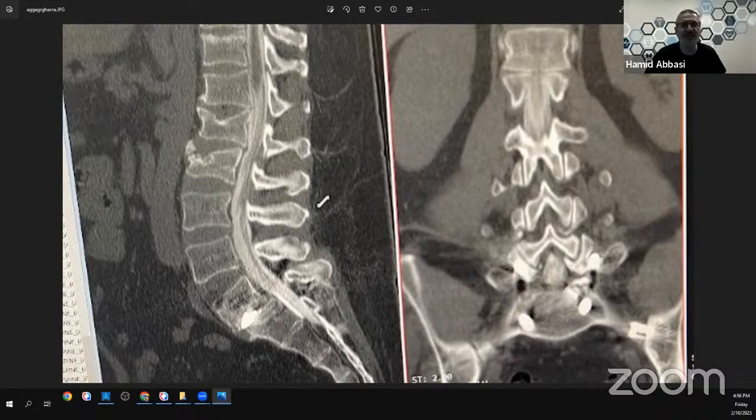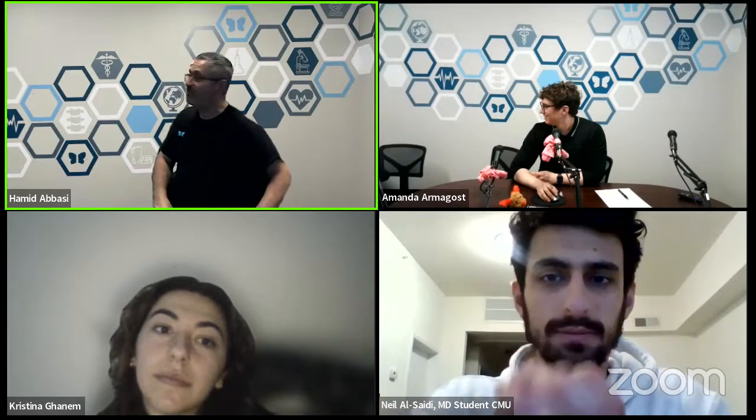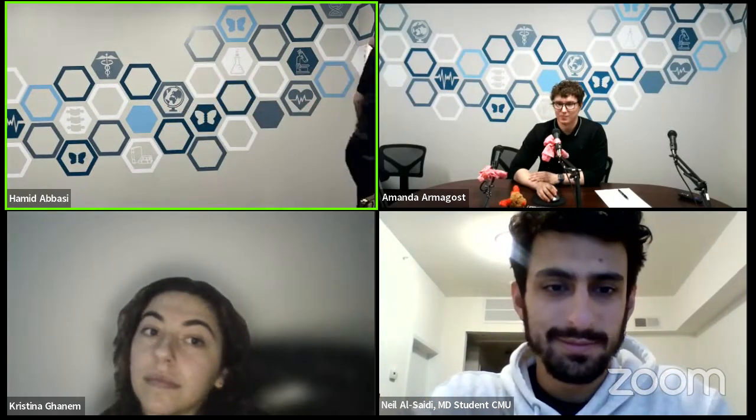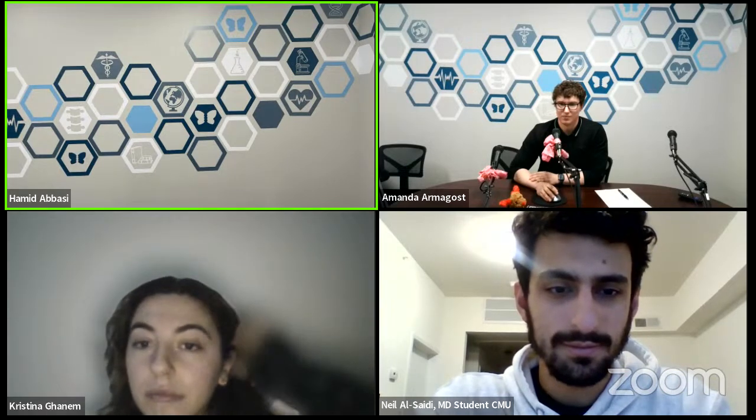Let me unshare my screen and get my model, and then I can explain it to you better. This is the spine of a deer, okay? And the ligamentum flavum goes from one lamina to another.